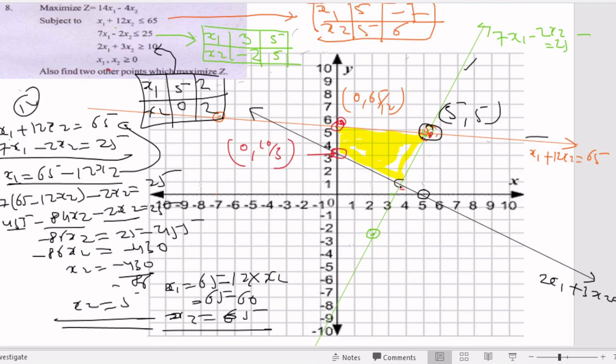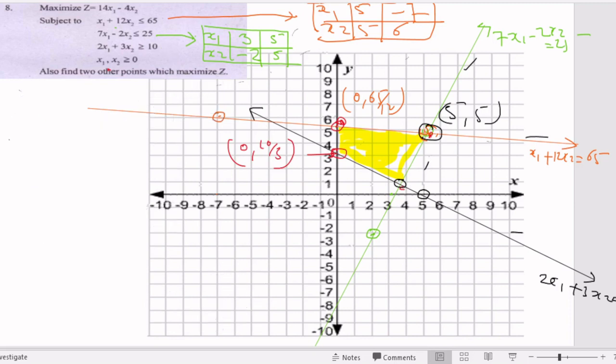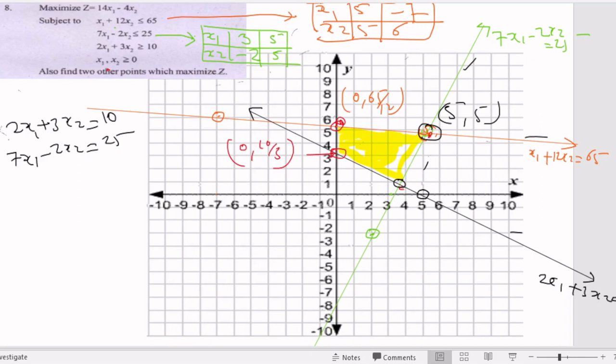Now we have to find the coordinate of this point. You need to solve the black line and the green line. Okay, so the black line again I'll write here: 2x1 plus 3x2 is equal to 10. And the green line: 7x1 minus 2x2 is equal to 25. Either substitute or solve simultaneously, right? So I'll use simultaneous this time. Multiply this equation by 7 and this by 2.